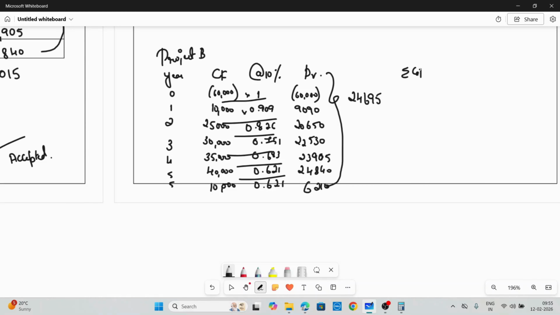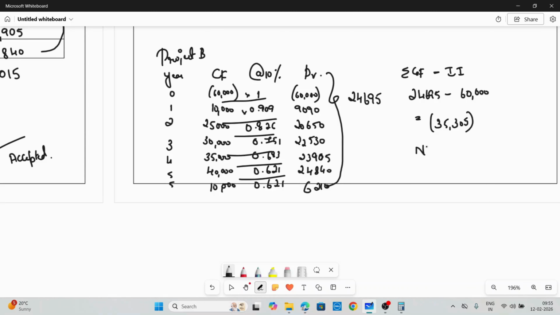So summation of cash flow minus initial investment, right? What's the cash flow? 24,695. And what's the initial investment? It was 60,000. So the answer is minus 35,305. So this is in minus.